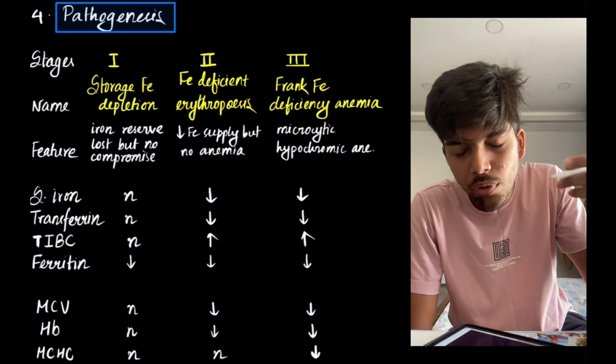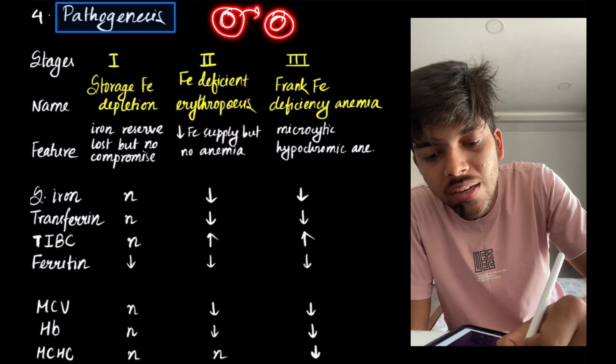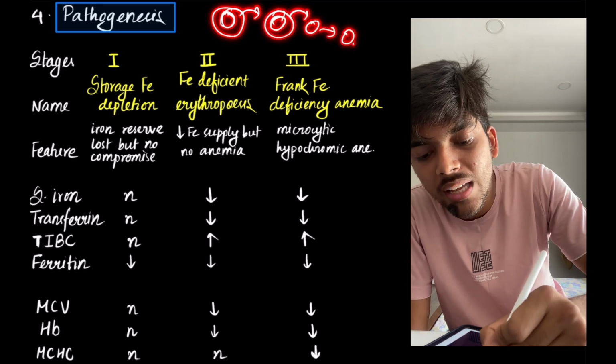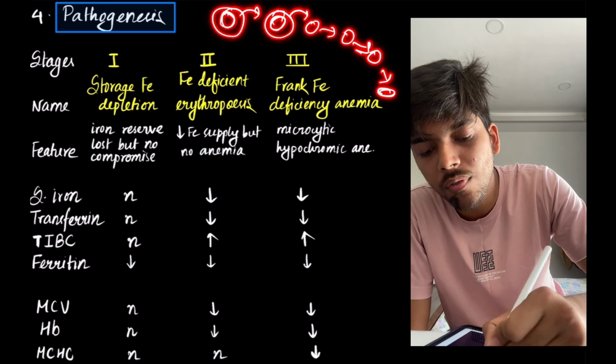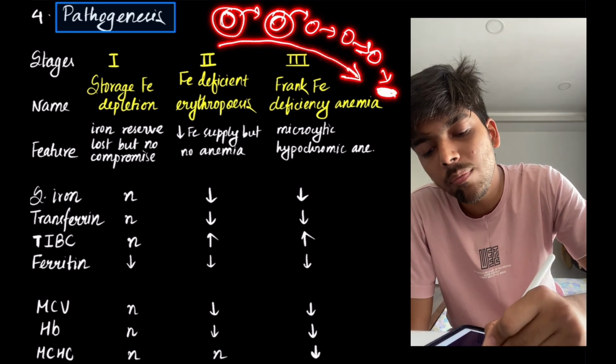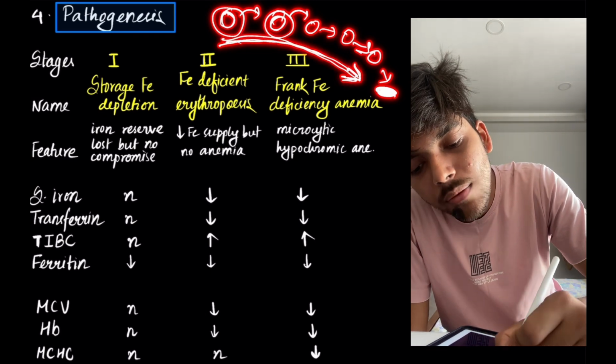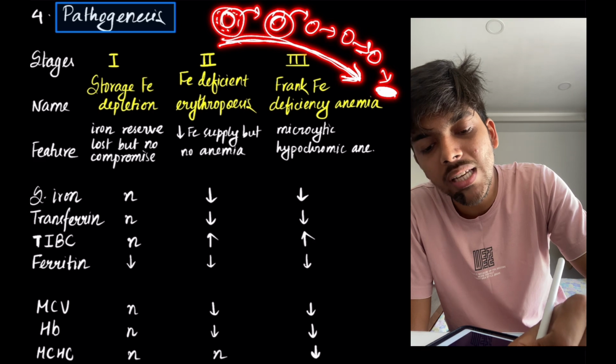So during erythropoiesis, what happens? There's your stem cell. From this stem cell, myeloid progenitor cell. From this, erythroid series, and then finally erythrocyte is formed. Basically there is a series of cells that finally lead to the formation of erythrocyte. The cytoplasm of this series of cells contains hemoglobin.